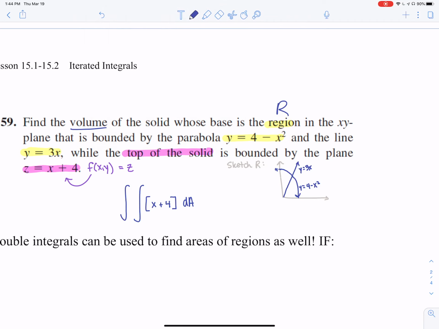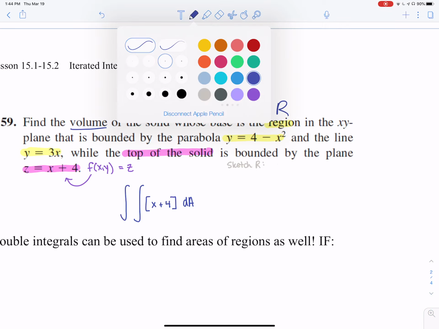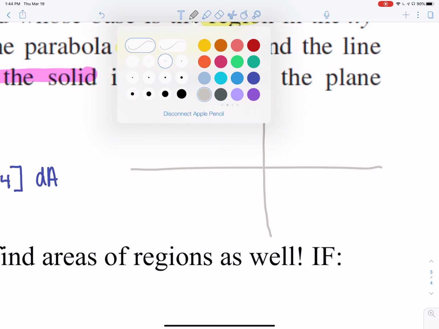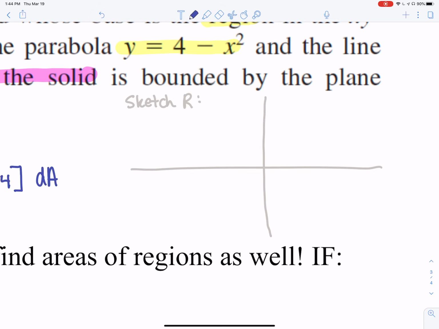Well, let's take a look at this a little bit closer. I think I messed up here somewhere. Oh, I didn't draw the region big enough. That's what it is. I need some wider axes. That's what I was missing.